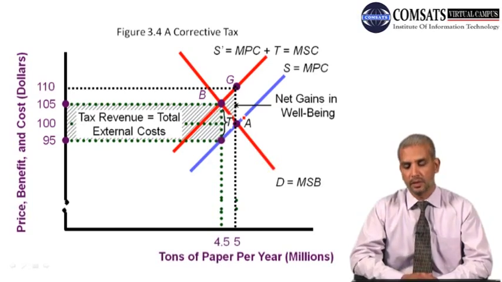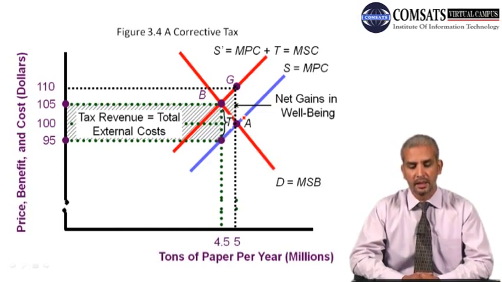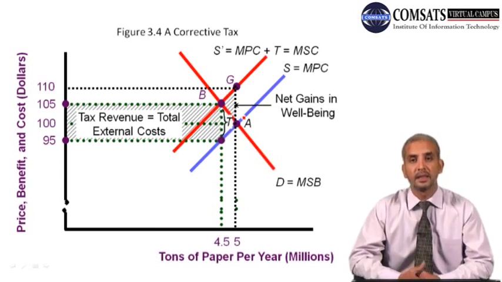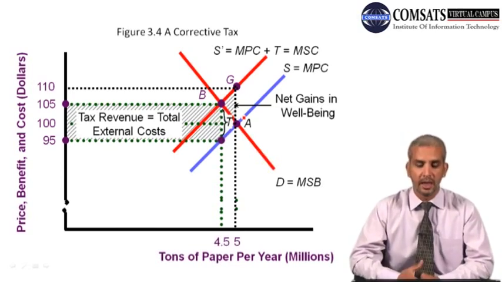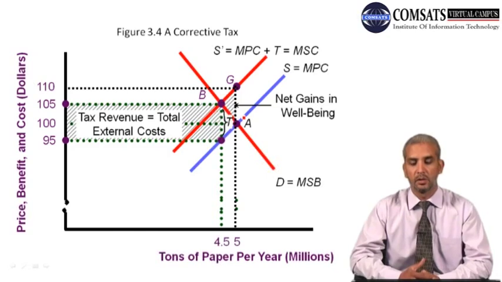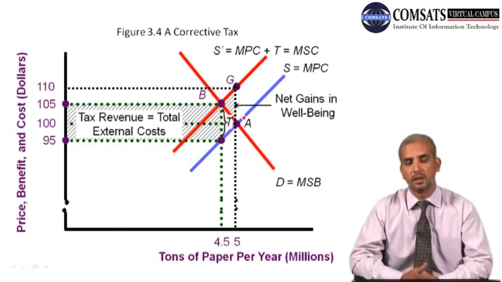In the last example, we considered a marginal external cost of $10, and we said that there is a requirement of internalizing that external cost. So we added marginal private cost with marginal external cost, and we came up with a total marginal social cost of $110.